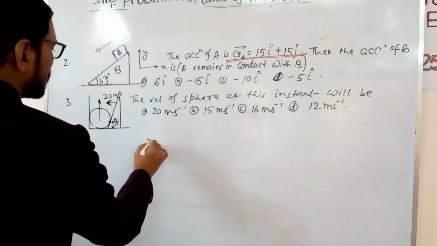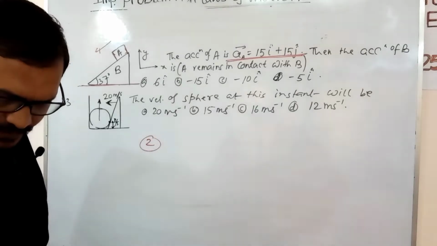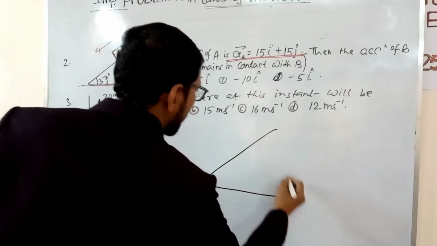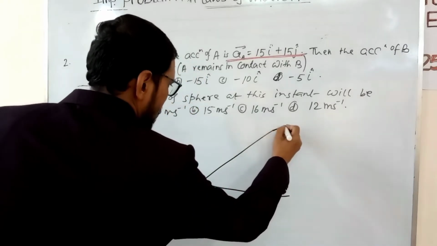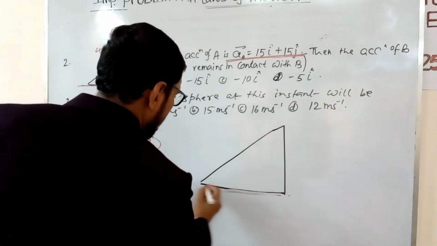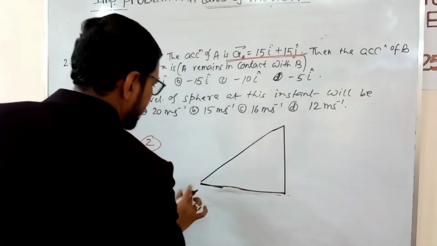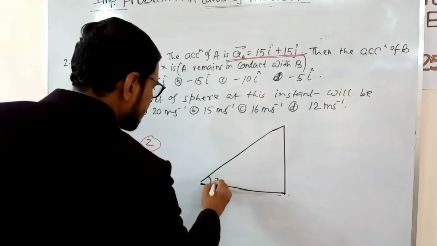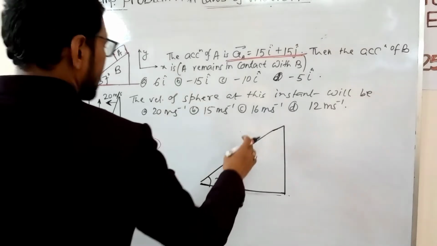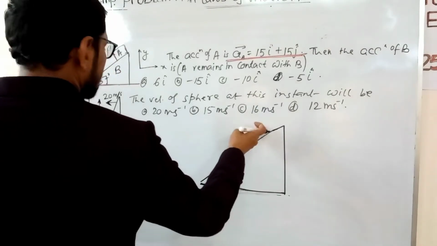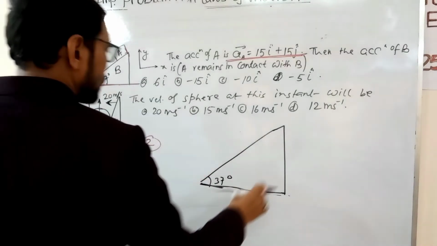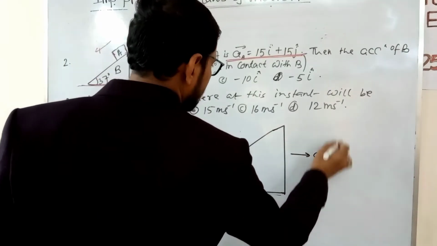Here also we have to draw the free body diagram. This is 37 degrees, block A. If block A moves with an acceleration, then block B moves in this direction with an acceleration.